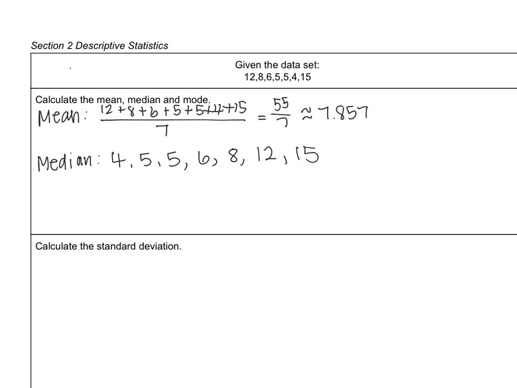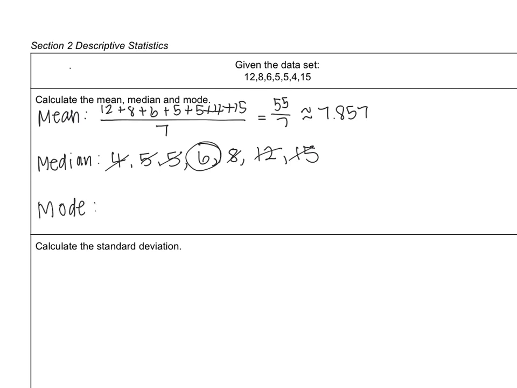Then you start crossing off each value starting from the ends and working your way towards the middle. Because we have an odd number of values, there is going to be a number in the middle, and that's 6. If we'd had an even number of values in our data set, the 2 we narrowed it down to, we would have added them together and divided by 2 in order to get the middle. Okay.